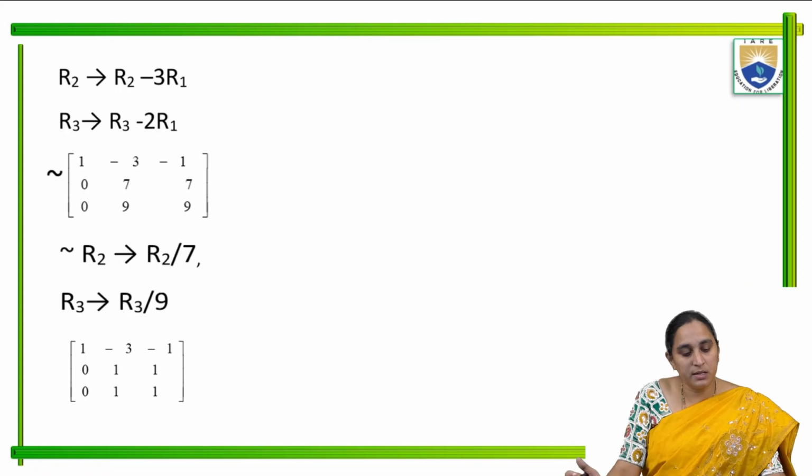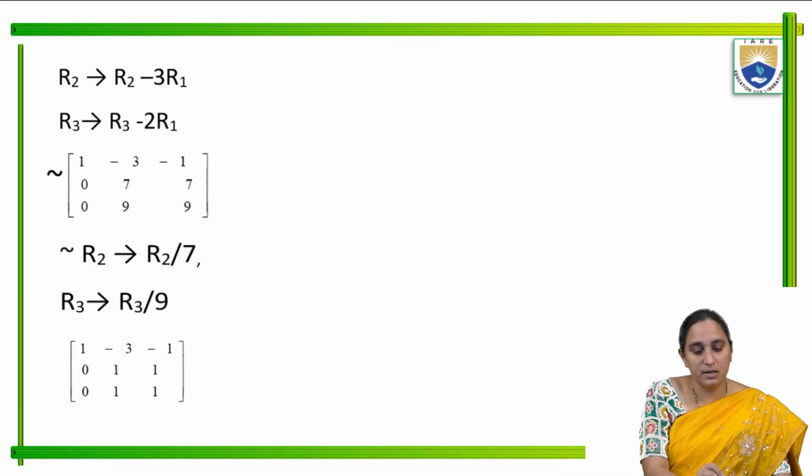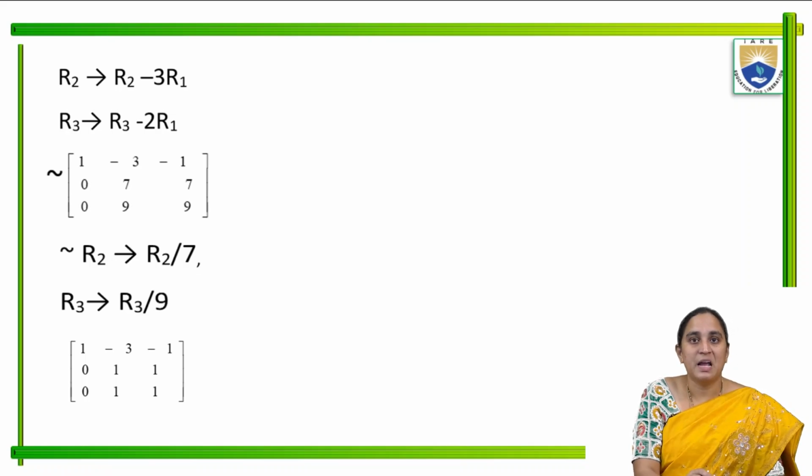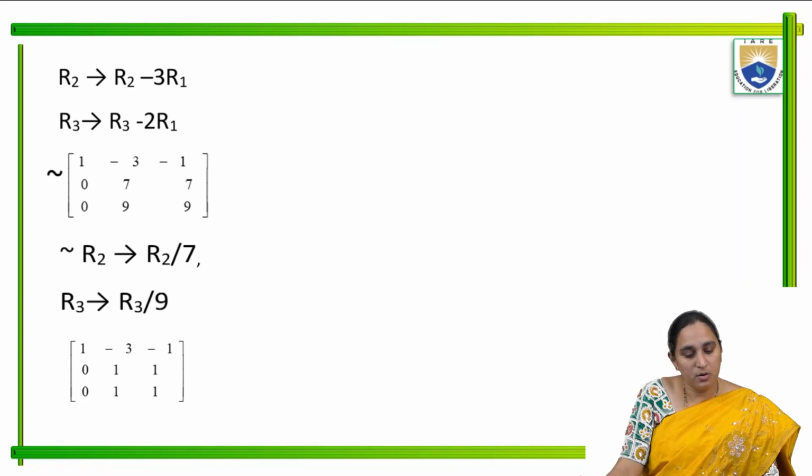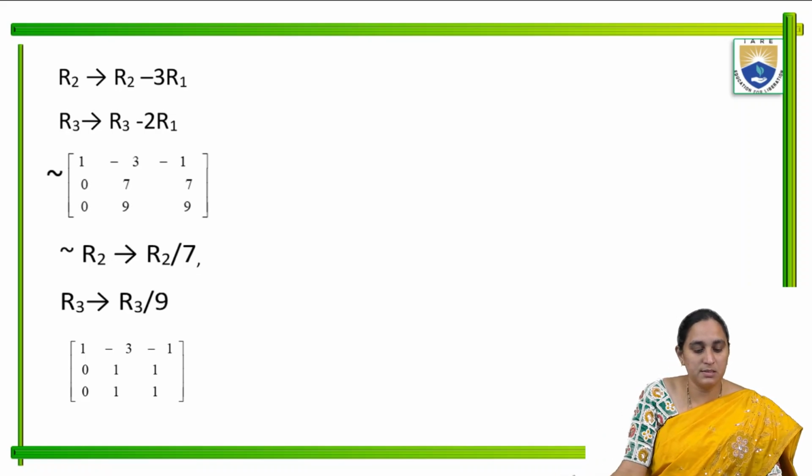From that, I'm using R2 and R3. For that, 1 minus 3 minus 1, and the next row, with respect to R1, I'll make R2 as 0, 7 and 7, and the next row 0, 9 and 9. After getting this, this is the matrix.